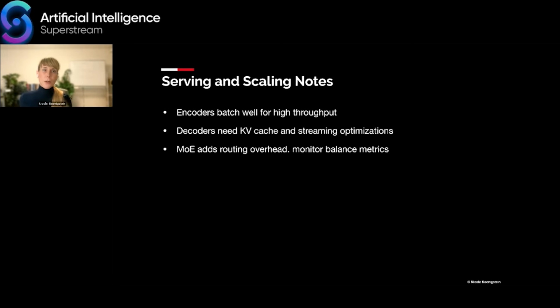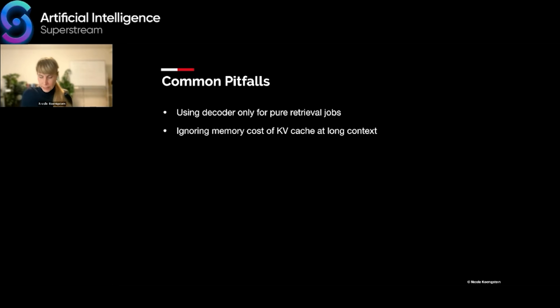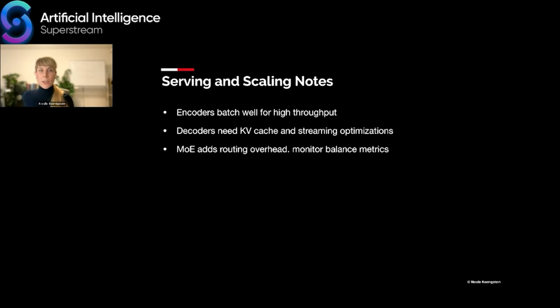And some additional notes on serving and scaling. Encoders batch well for high throughput, decoders need KV cache and streaming optimization. And then if you're using mixture of experts models like Qwen3, they have dense and mixture of experts combined in that release.